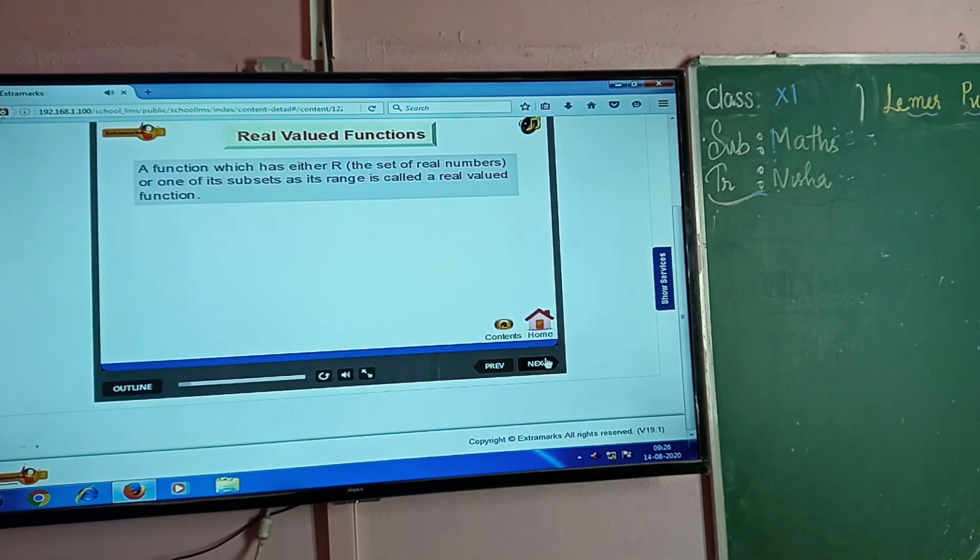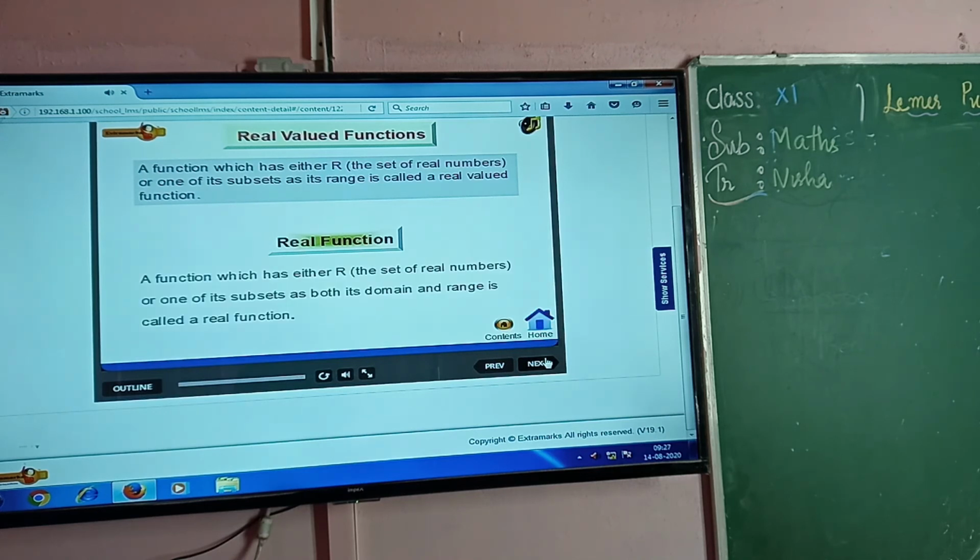A function which has either the set of real numbers or one of its subsets as its range is called a real valued function. A real function is a function which has either the set of real numbers or one of its subsets as both its domain and range.